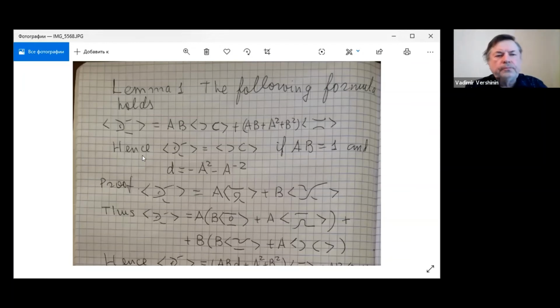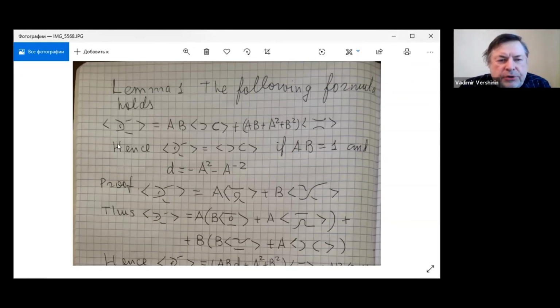So, this is how to make the invariance. Lemma 1 means the following formula. Look, our aim is to understand Reidemeister 2. You see this is for Reidemeister 2.